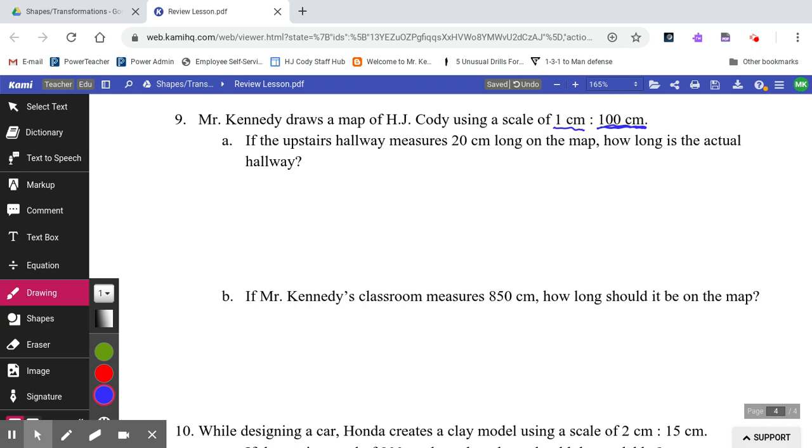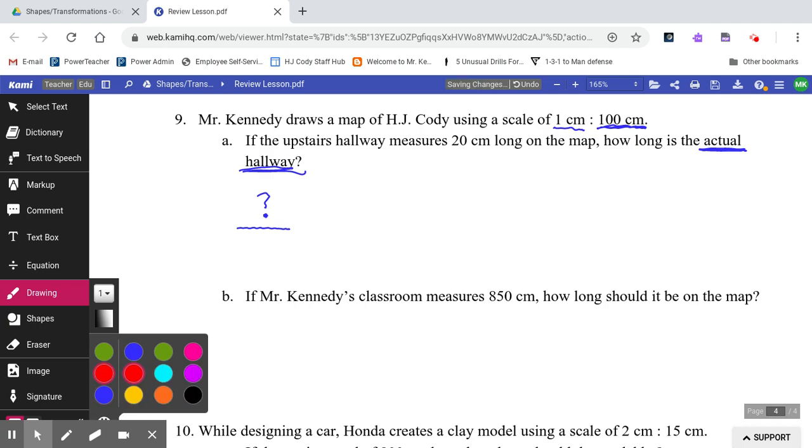Question A, if the upstairs hallway measures 20 centimeters long on the map, how long is the actual hallway? Here's the trick. So if I'm looking for the actual hallway, I put the question mark on top. That's what I'm looking for. And then I divide it by whatever I was told. In this case, I was told that in my drawing, it's going to be 20 centimeters, right? 20 centimeters on the map.